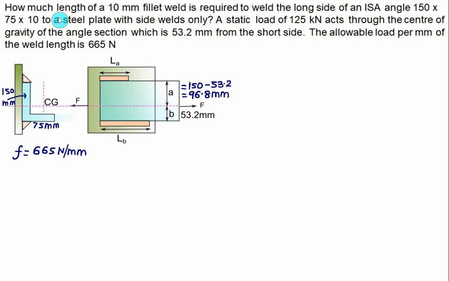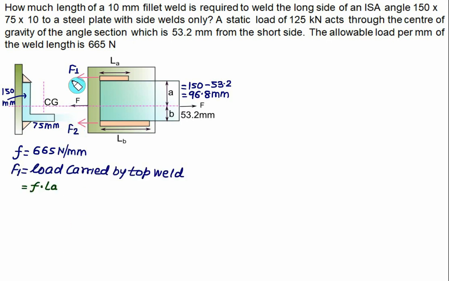In this case we have to find out how much length of 10 mm fillet weld is required to weld the long side, that is this side, which requires a weld length equal to LA. Shear stress is not given; rather we are given the allowable load per mm, which is 665 Newton per mm. According to that we will define the forces F1 and F2, which resist at the top and the bottom weld. So let's say F1 is the force resisted by the top weld and F2 is the force at the bottom weld.